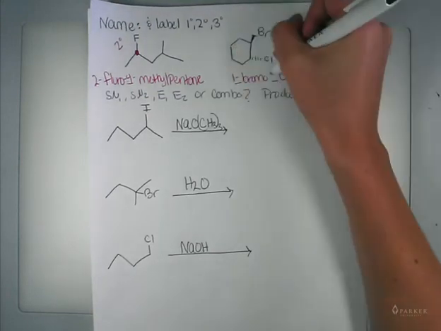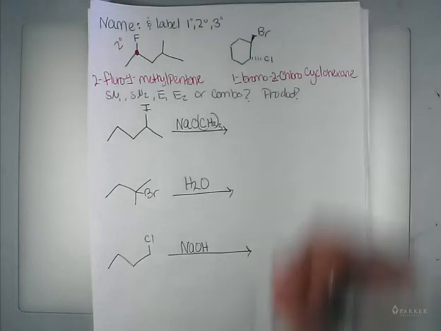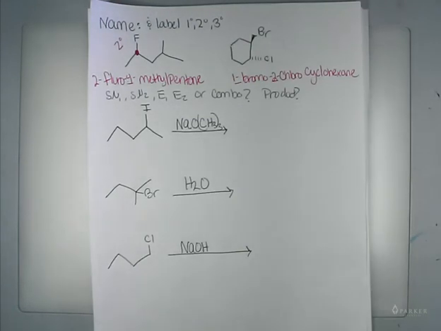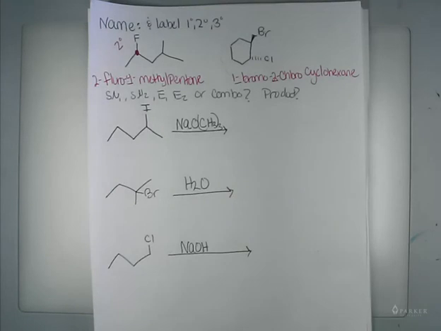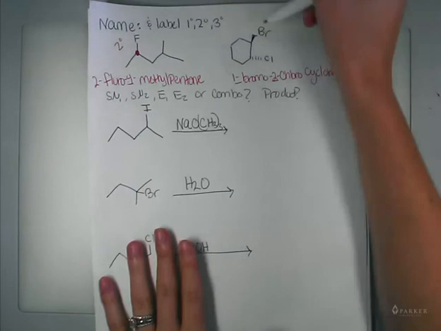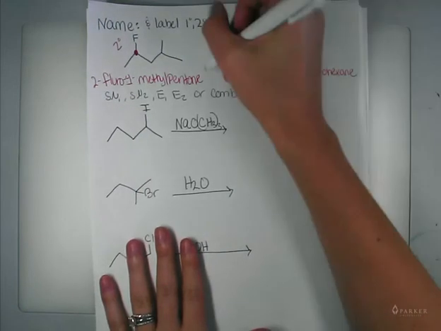And why does bromo get 1 and not chlorine? Not because it's bigger. Alphabetical order. The bigger part, that comes with R and S. Naming is just alphabetical order usually. And what is, trans.